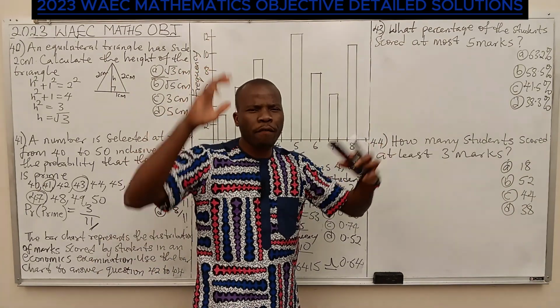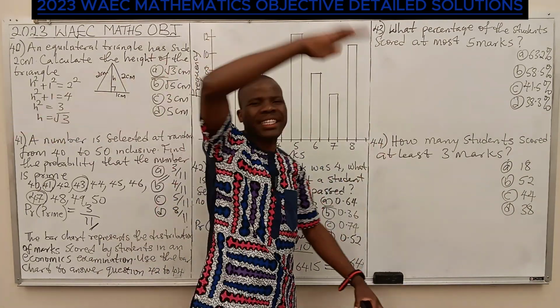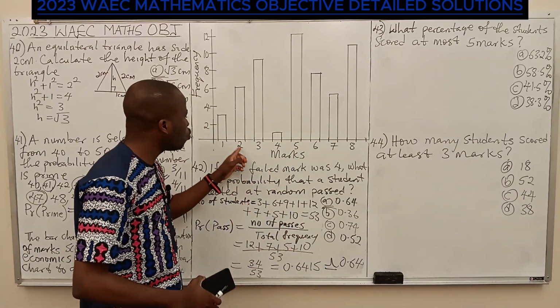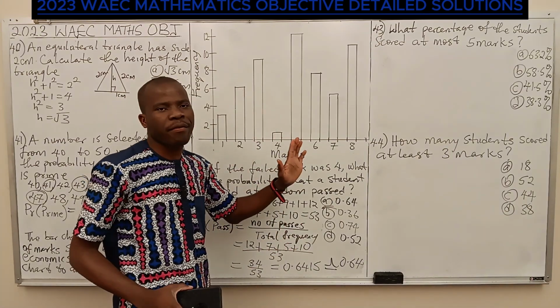So for question 43, they said, what percentage of the students scored at most 5 marks? At most 5 marks means highest 5 marks. So we're looking for those that scored 1, 2, 3, 4, 5.